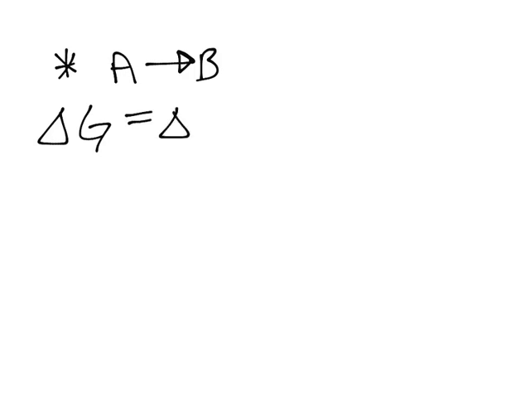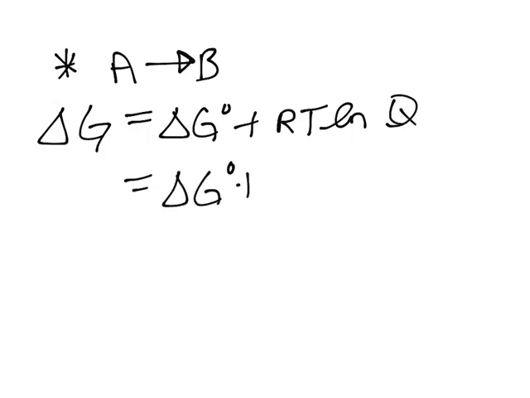It would be the standard free energy plus RT natural log of Q, where Q is the reaction quotient. So it would be the standard free energy plus RT natural log of whatever the real concentrations are.